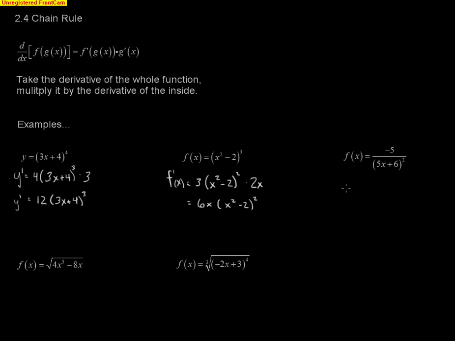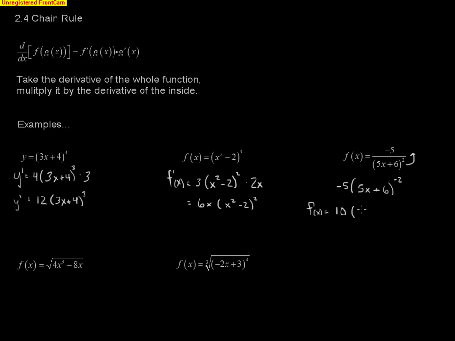For this one over here, since we don't have a variable in the top, this one will be a lot easier. Instead of doing a quotient rule, we'll bring this up top and write it as negative 5 times 5x plus 6 to the negative second power. And now applying the chain rule, our derivative winds up being negative 2 times negative 5.